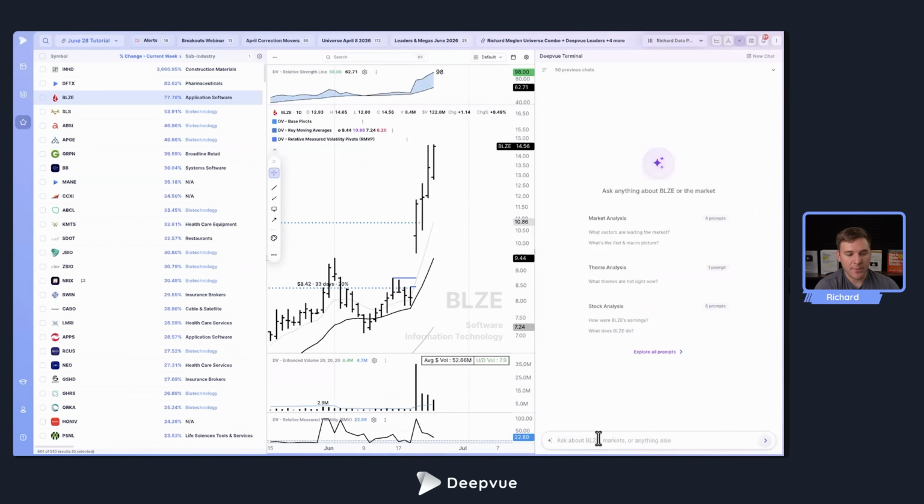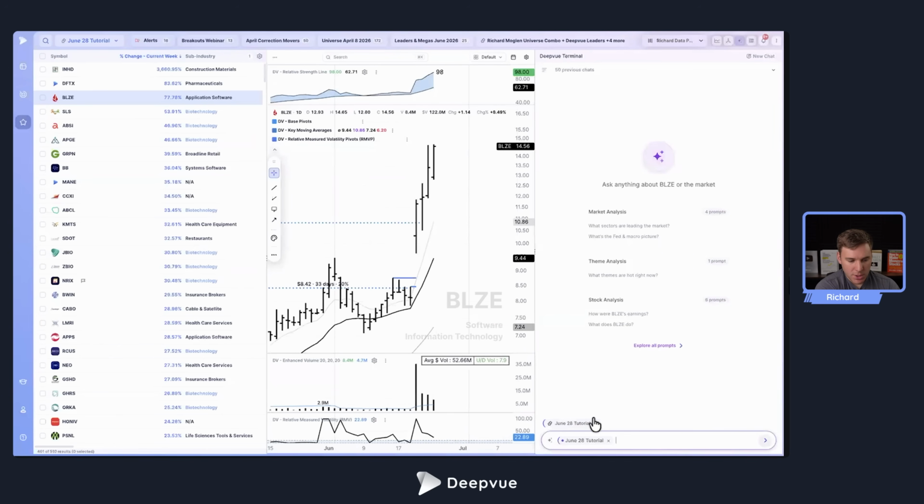And what I'm going to do is I'm going to pass this whole list of symbols to the AI. So I'm going to do the @ symbol, and I call this June 28 tutorial. So by clicking the @ symbol and then typing that, I'm now passing this list of stocks to the AI. So it's got that context.